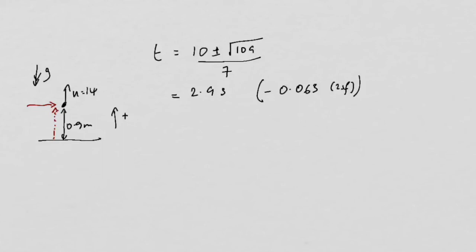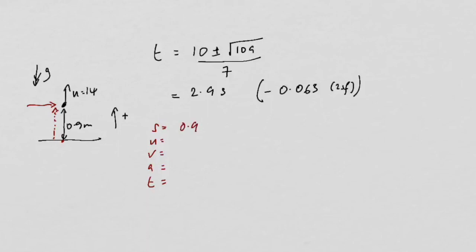So to investigate that a little further, let's imagine the ball starting at the ground. Then what would we know about it? Well, if we write our SUVAT out, which is how I like to do these questions, then it would be travelling 0.9 meters upwards.